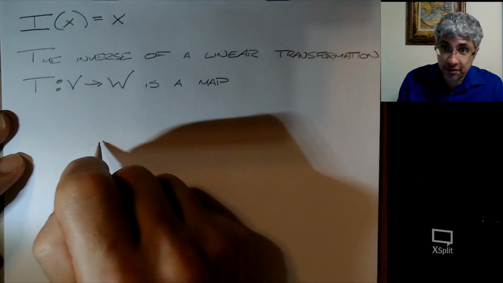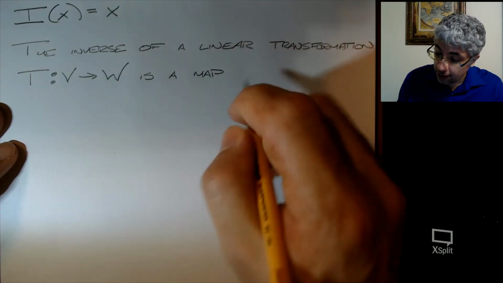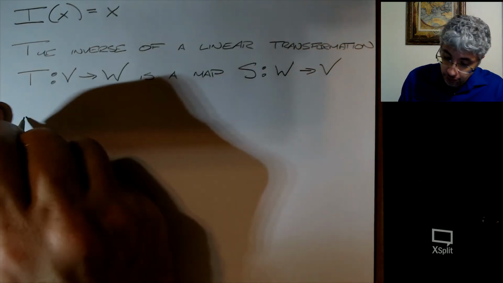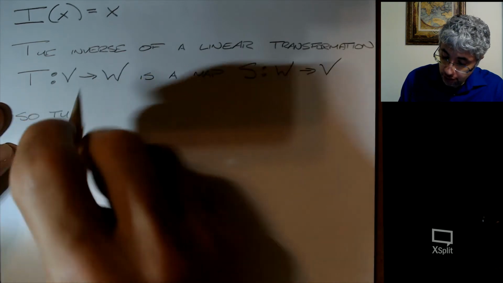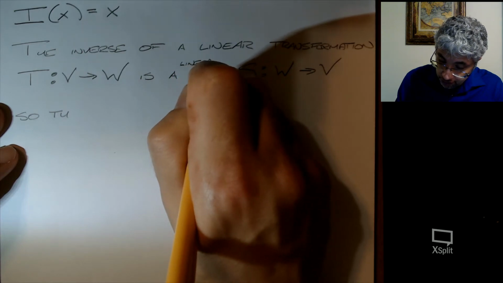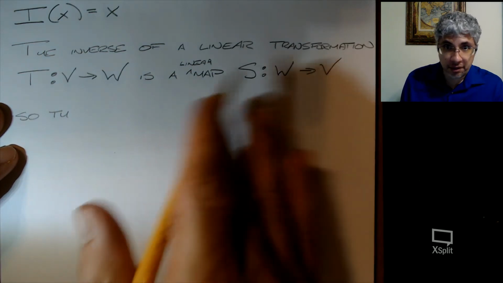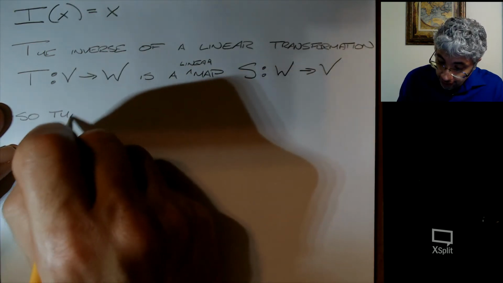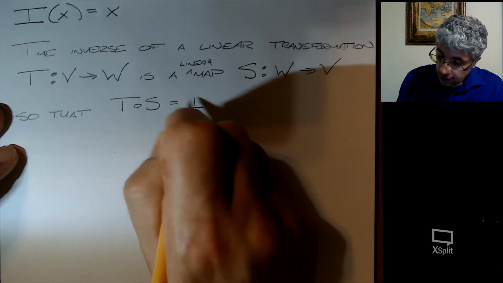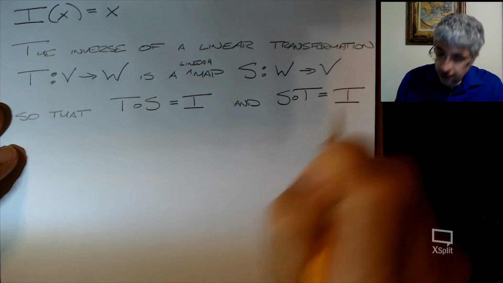By the way, I'm not claiming the inverse exists because there might not be an inverse, but I'll say the inverse would be a map S from W to V. And I should say linear, it also has to be a linear transformation from W to V. By the way, linear map, linear transformation, same thing. So that T of S equals I and S of T equals I.